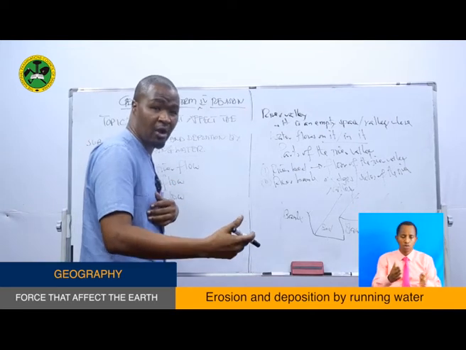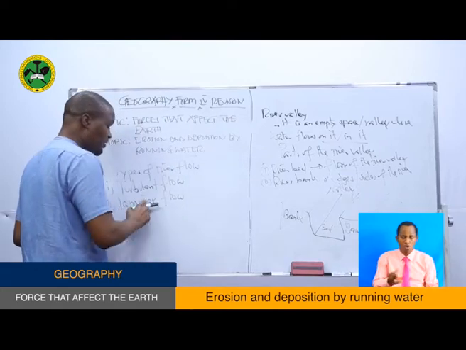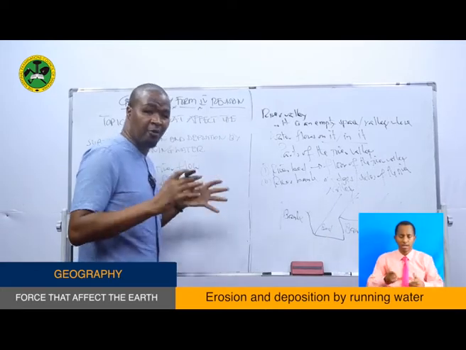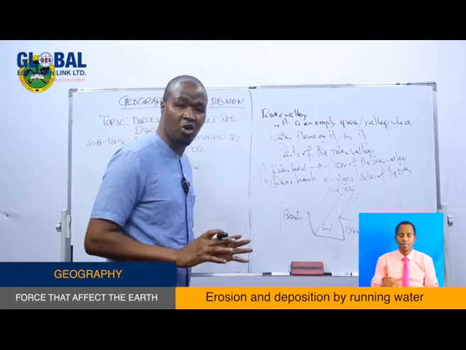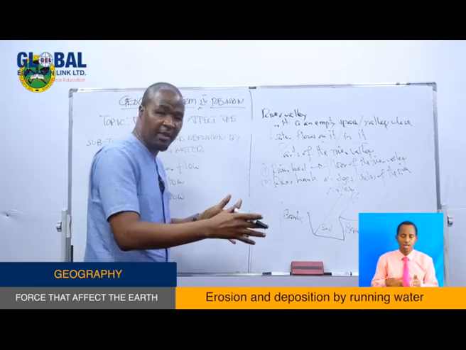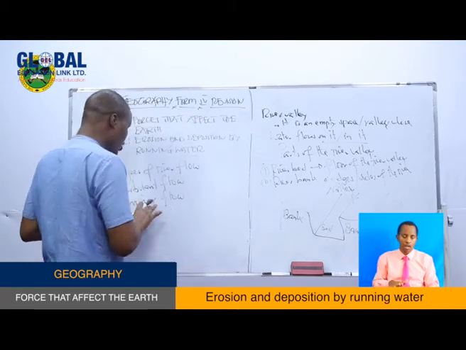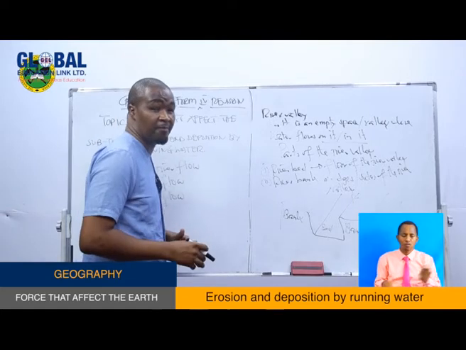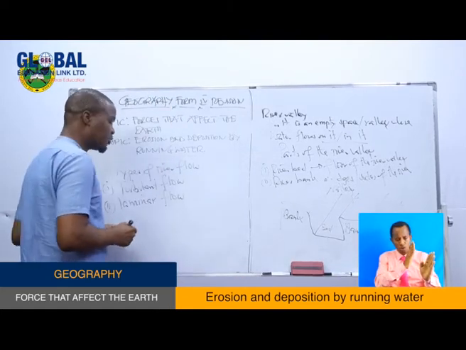It normally makes loud noise and flows in a chaotic way. Laminar flow is the flowing of the river on a smooth surface with no eddies, no barriers, no big stones. So the river normally flows in a silent way and parallel. These are the main types of river flow.